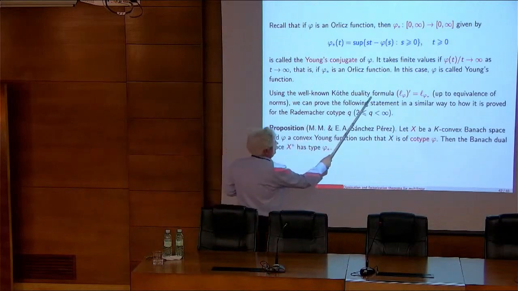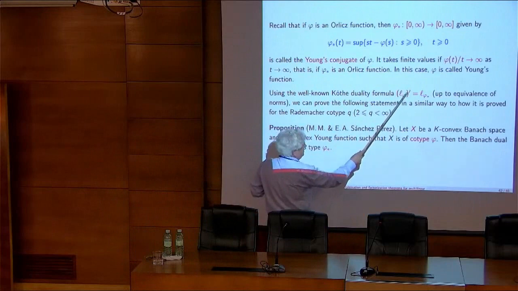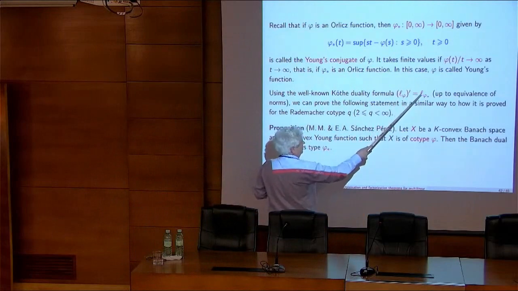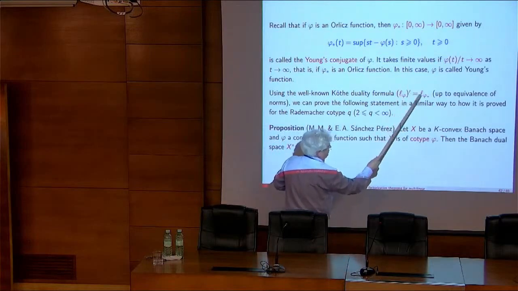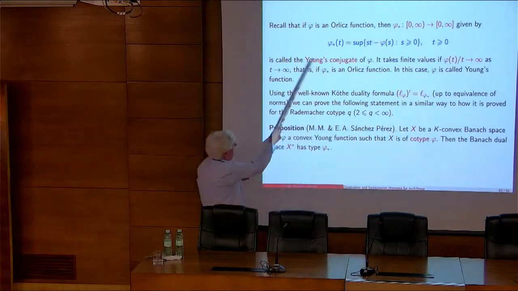Using the Köthe duality, this is the space of integral functionals. The Köthe dual of L_phi is, up to equivalence with the universal constant 2, the Orlicz space generated by the conjugate function.